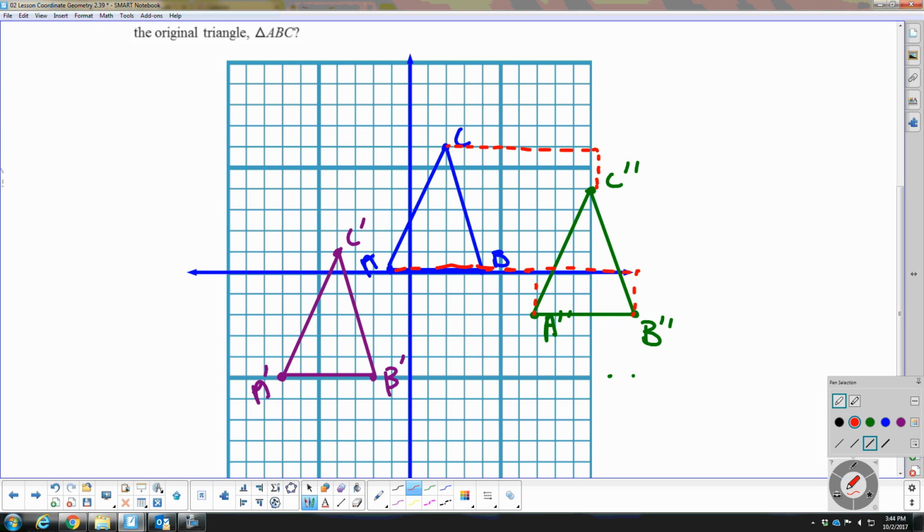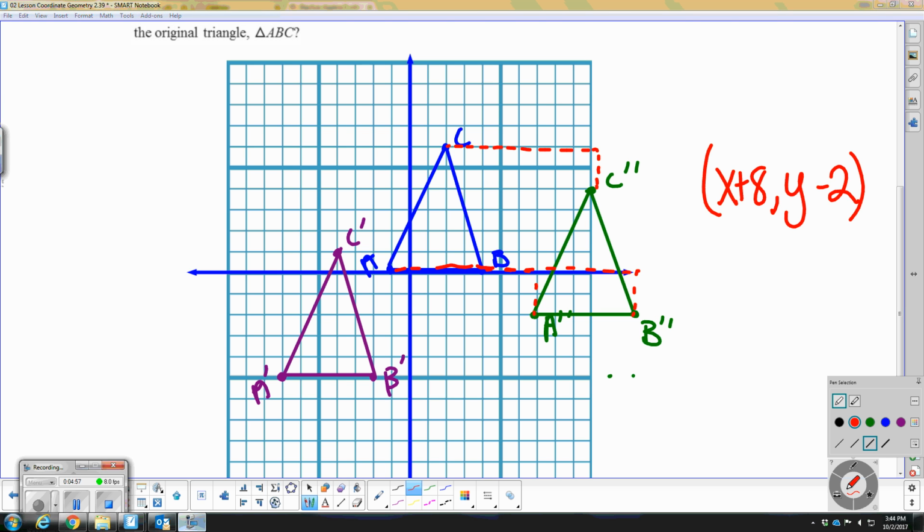So I ended up going to the right a total of 8 units, and I went down 2 units. So my rule that I could have used, instead of translating it once and then translating it again, would have been (x plus 8, y minus 2).